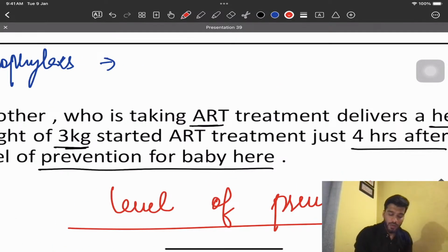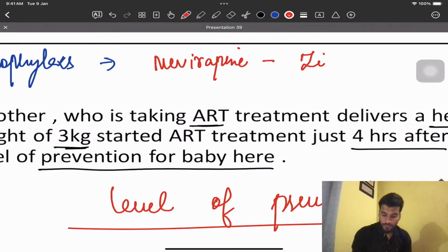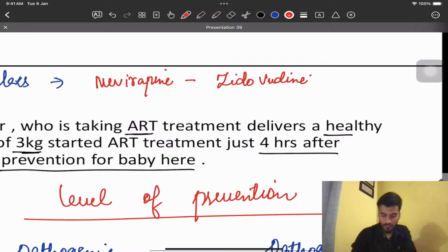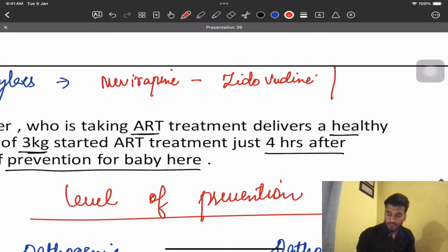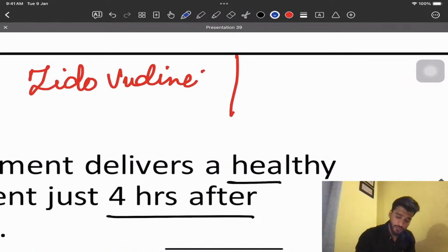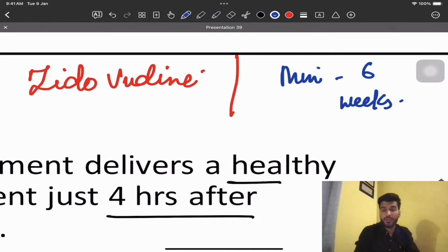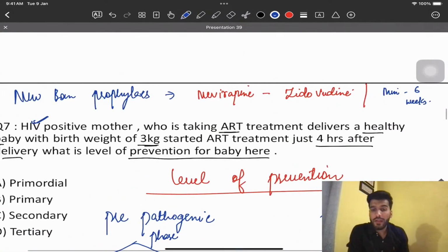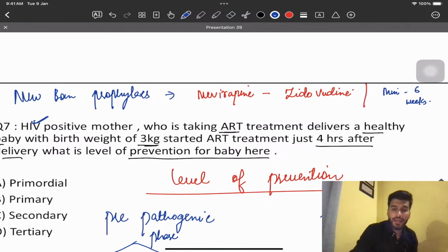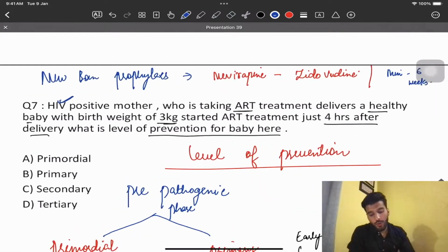We have two drugs called nevirapine and zidovudine, and the minimum duration you have to give is 6 weeks. So remember, my dear students, you have nevirapine and zidovudine. Is that clear? So these are the newborn prophylaxis.